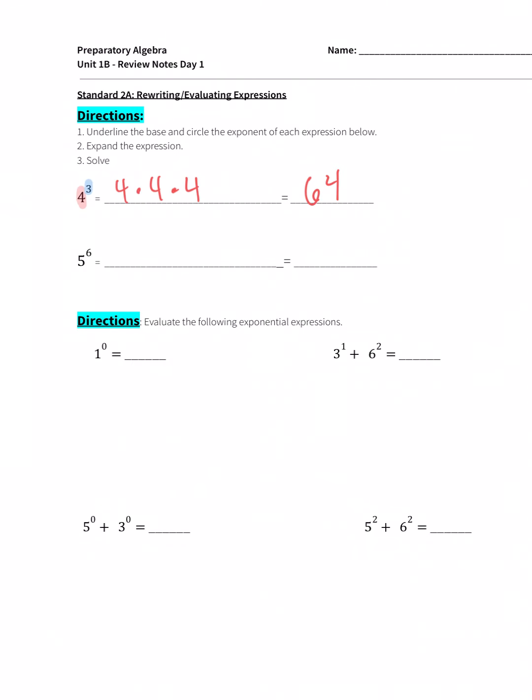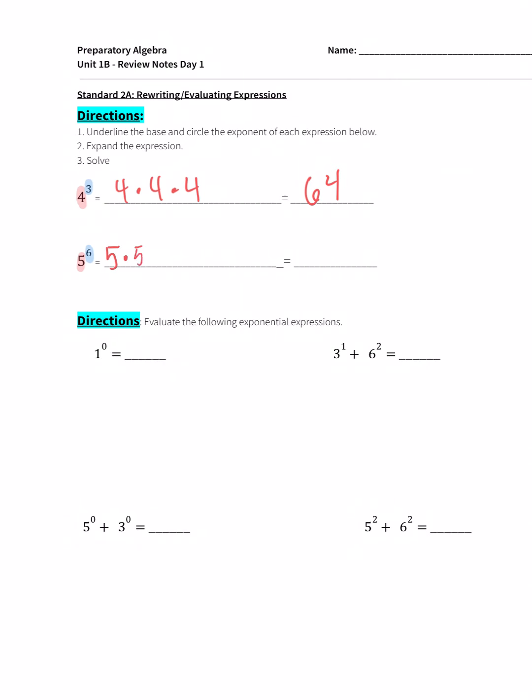Okay, hopefully you tried this one and you get the same answer as me. So identify the base, which is 5. My exponent is 6. My base tells me what number I'm multiplying, and my exponent tells me how many times.